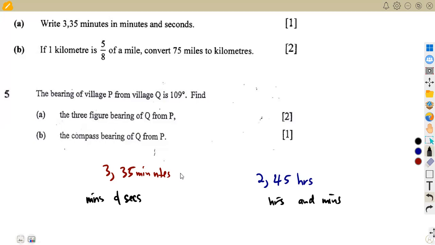Is it correct to say 3 minutes plus 35 over 100 times 60? And then 35 over 100 times 60 will end up reducing to 21 seconds. Is it correct?